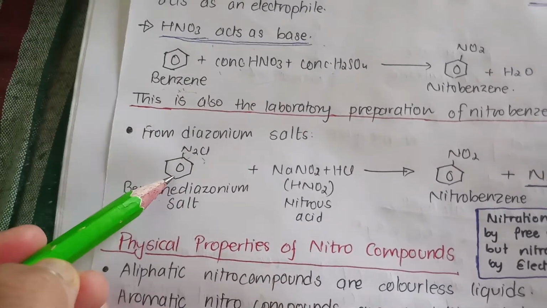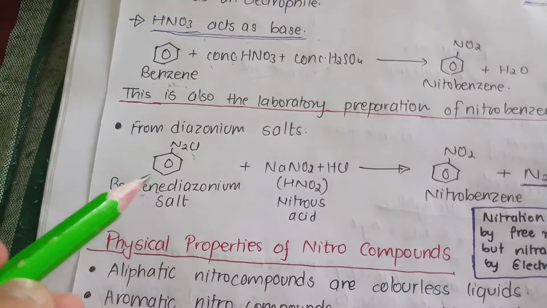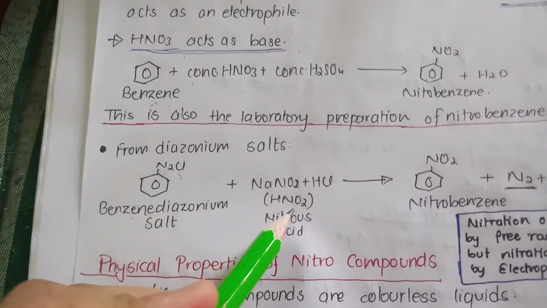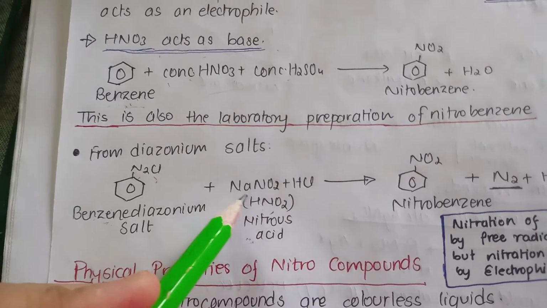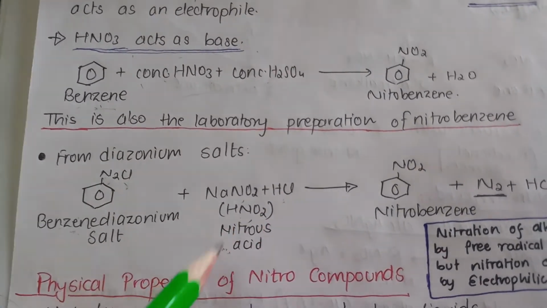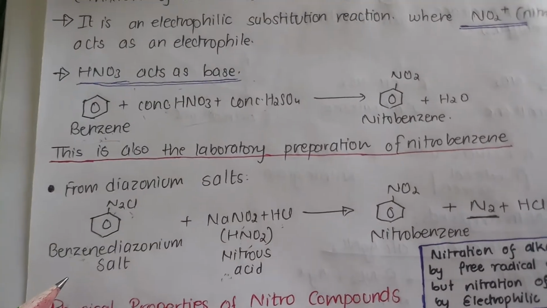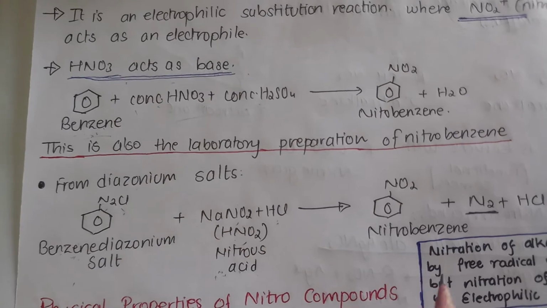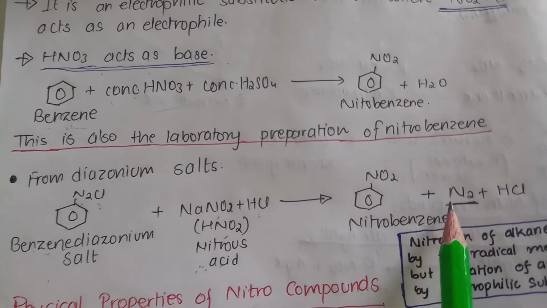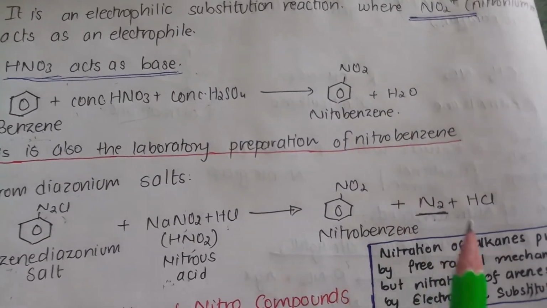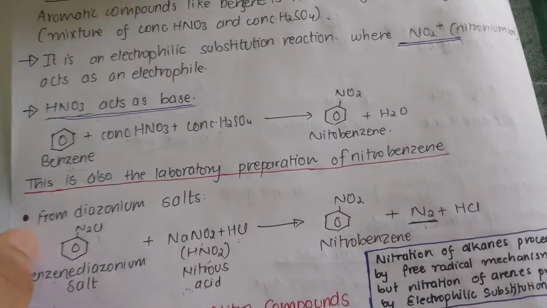When this diazonium salt is treated with nitrous acid, HNO2, which is formed by mixing sodium nitrite and hydrochloric acid, we get nitrobenzene along with emission of nitrogen gas. So nitrogen gas is emitted, and nitrobenzene is formed.